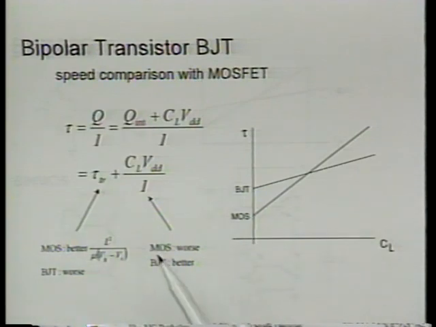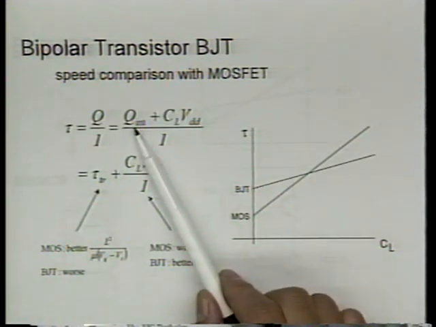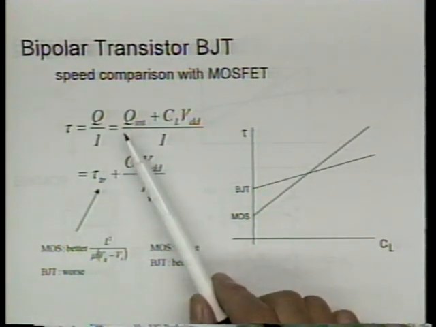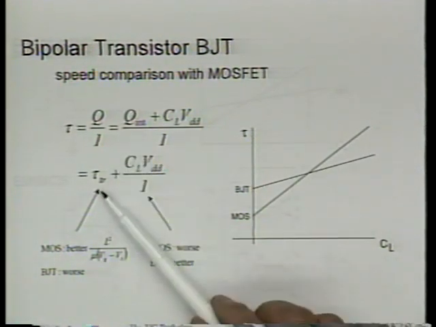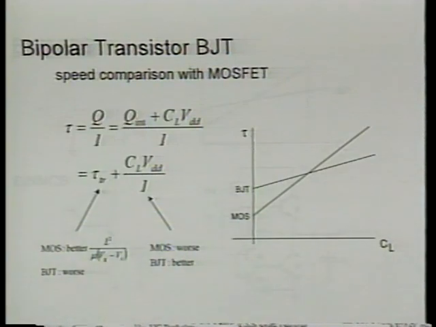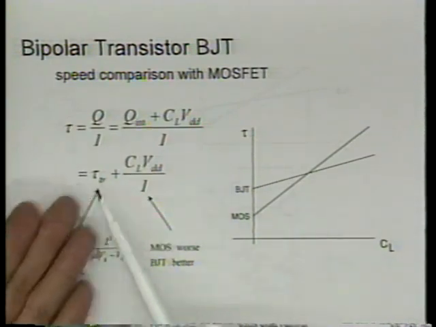We didn't particularly spell it out because it can easily be lumped into the C. This one we cannot, because it is not proportional to VDD, so we cannot call it C times VDD. So we just separate it out as a transit time. MOS also has a transit time; it's just that the intrinsic capacitance over I is the transit time.